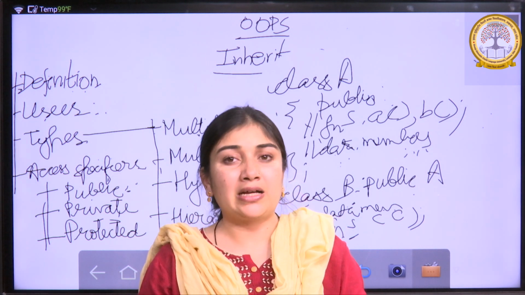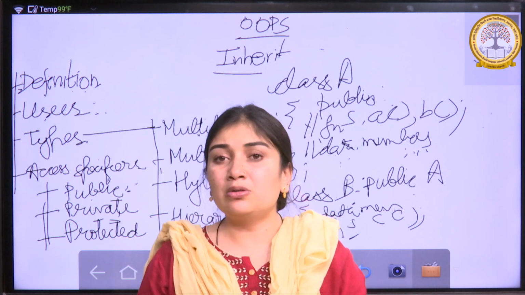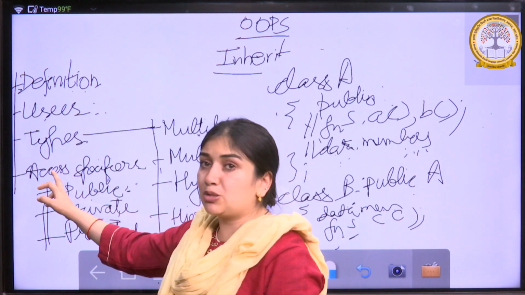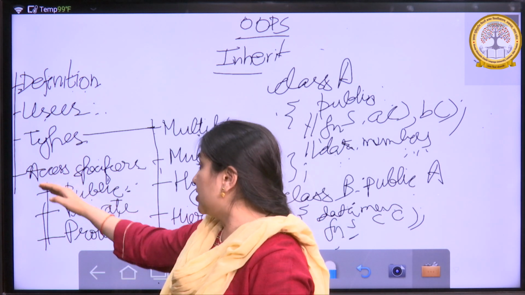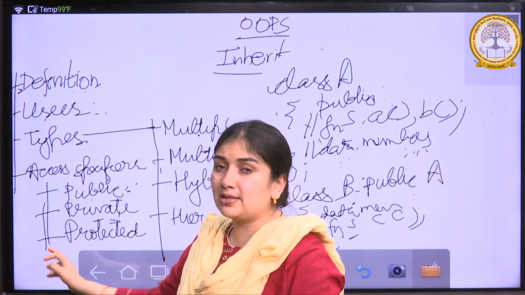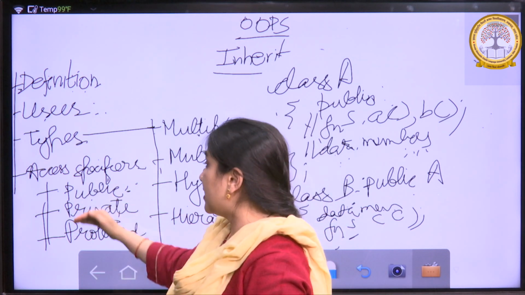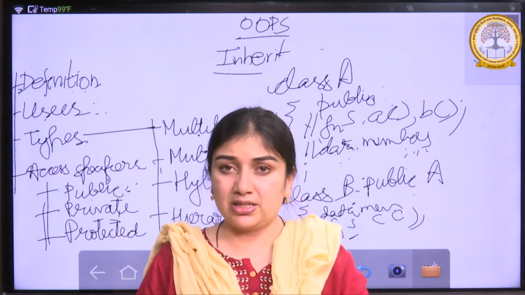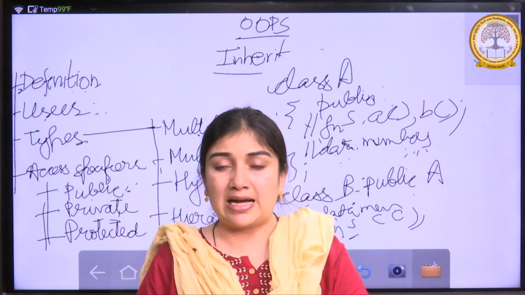I don't want that I am accessible to all. So as per the requirements, there comes the use of access specifiers. There are three access specifiers: public, private and protected in C++. And these access specifiers put a limitation or a restriction on a particular class.